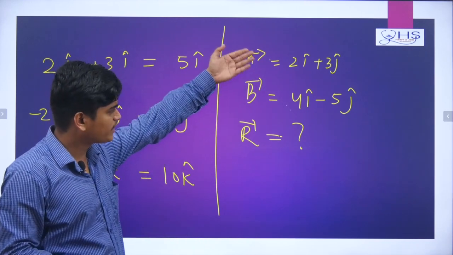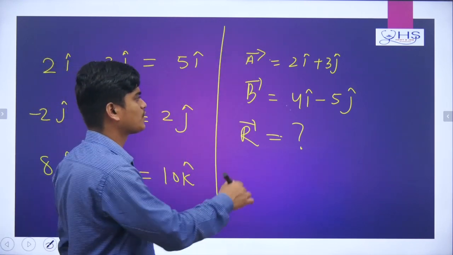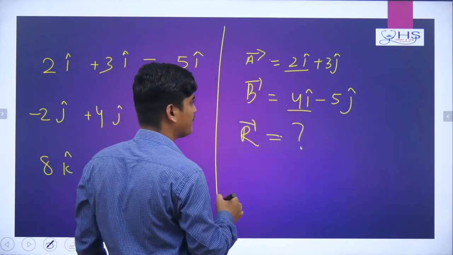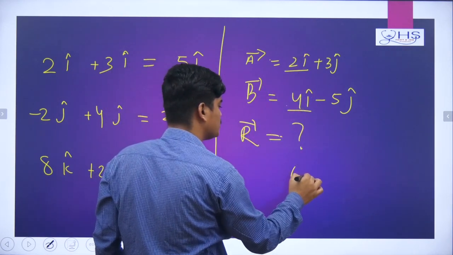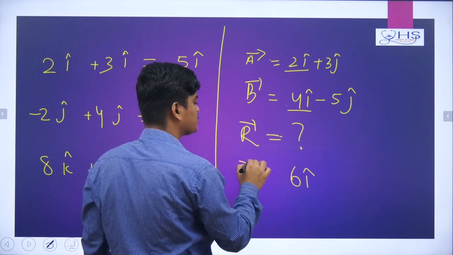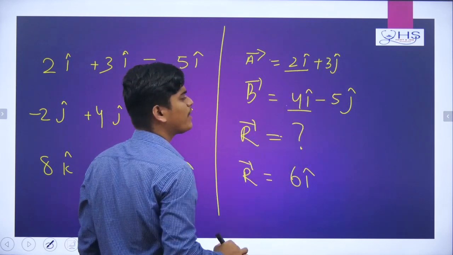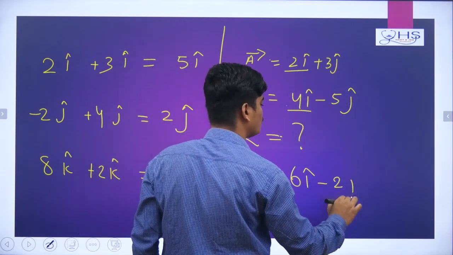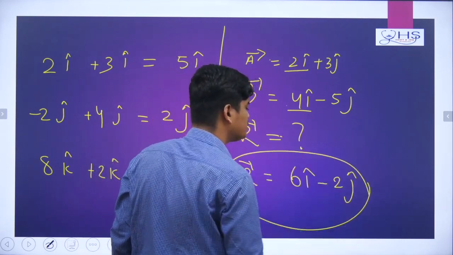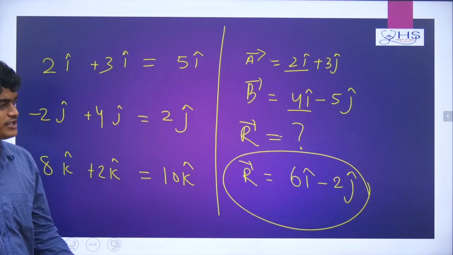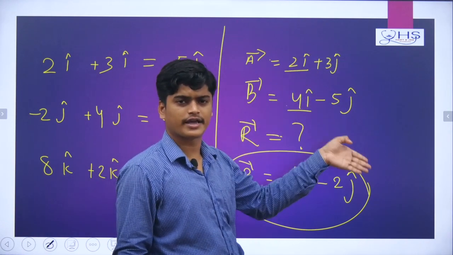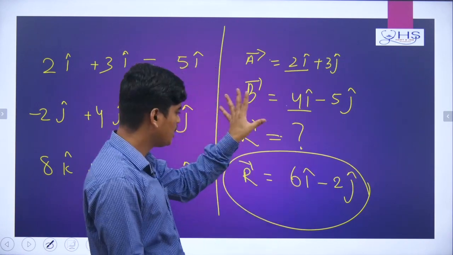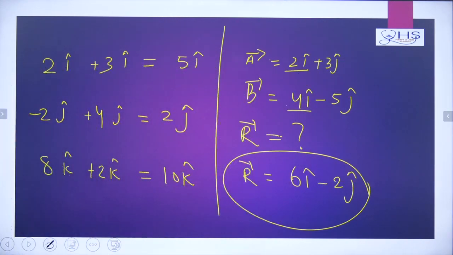If the vectors are given component-wise, simply add. So I cap will be added to I cap: 2 plus 4 is 6, so 6 I cap. And 3 will be added to minus 5, which is basically minus 2 J cap. So my resultant is 6I minus 2J. Similarly, if a K cap coefficient is there, you add the K cap coefficients. So this is what you must remember.